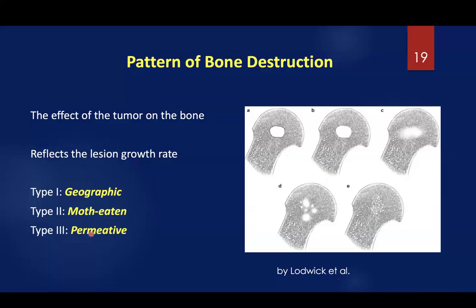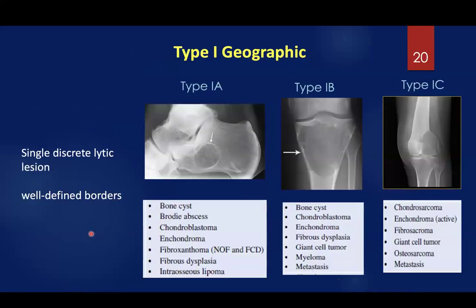So by going through the first step of bone destruction, you commit yourself toward being benign or malignant. Again, let's describe it again. This is type 1 geographic, which is a lesion that I can draw with the cursor here, surrounded by a rim of sclerosis.